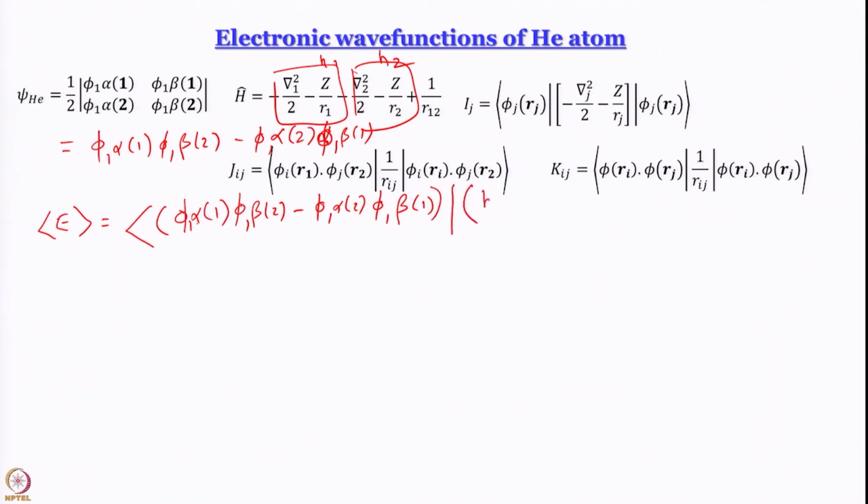Next I will write H1 plus H2 plus 1 by R12, and then I will write the expression for the wave function once again, phi1 alpha 1 phi1 beta 2 minus, I hope there is space, phi1 alpha 2 phi1 beta 1. Okay. So, this is our integral.